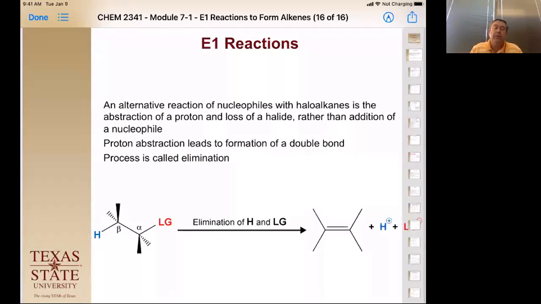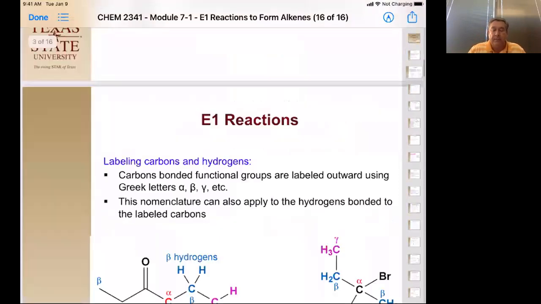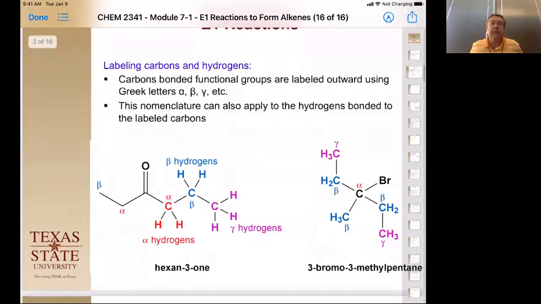Imagine we have a leaving group here, usually a halogen, but instead of doing that substitution reaction, we do something else and it forms that double bond. So we've eliminated a hydrogen and the leaving group and changed from an sp3 hybridized carbon to an sp2 hybridized carbon.